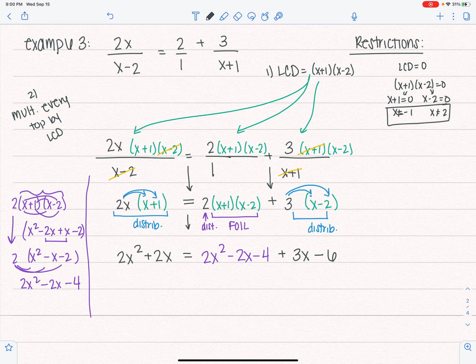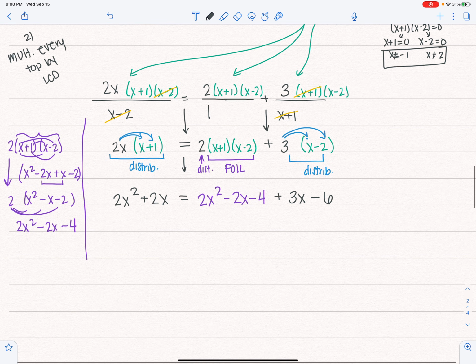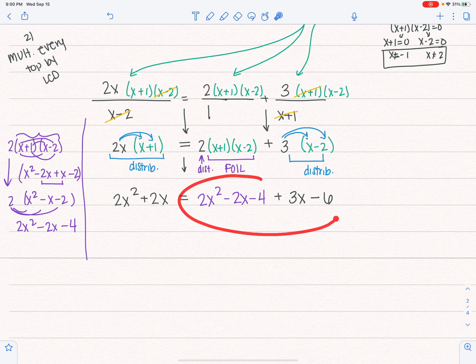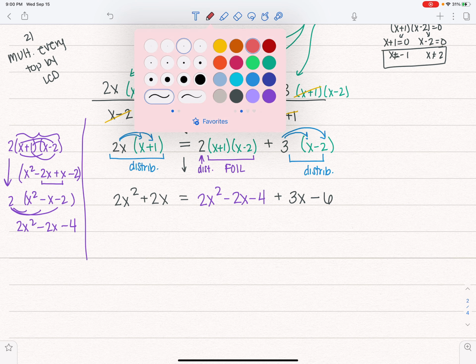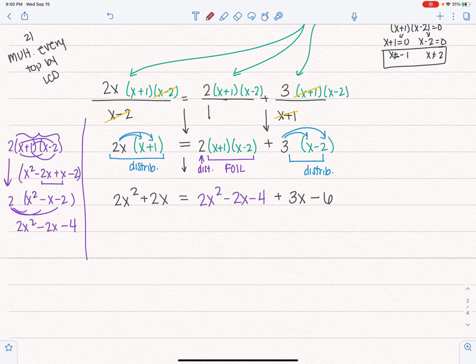And so I've got a bunch of like terms I need to combine. I'm going to worry about combining all the like terms on the right. There are no like terms on the left, so I'm going to combine these on the right first, and then we will talk about what we're going to do from here. So I've got a negative 2x and a positive 3x.